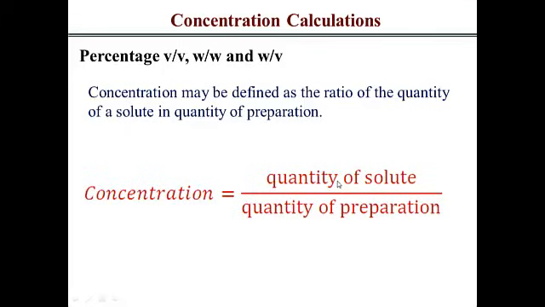So the quantity of your solute divided by the quantity of your total preparation should give you your concentration, which is some amount in grams divided by 100 milliliters or 100 grams.